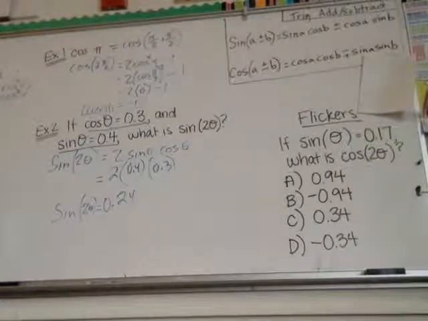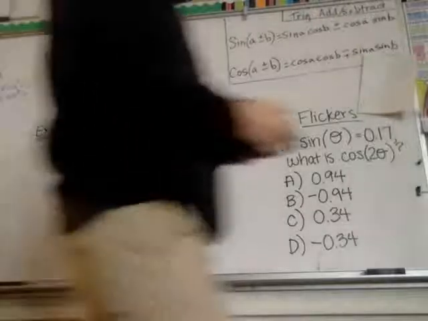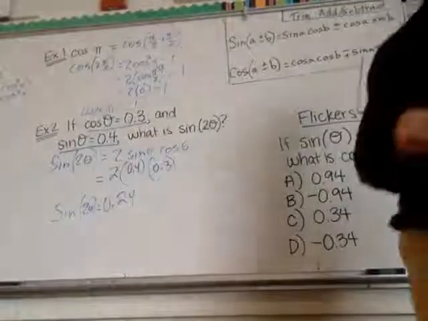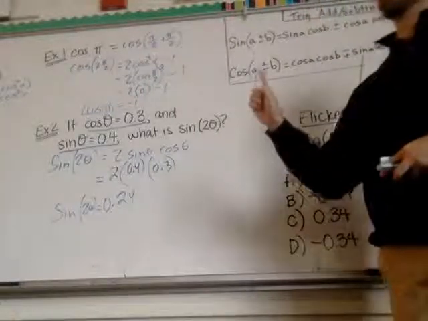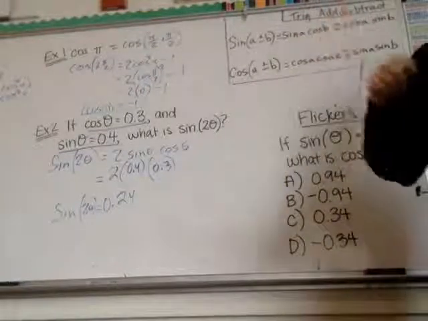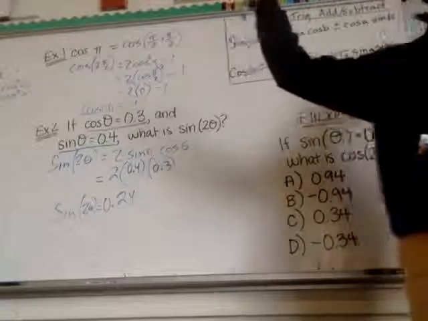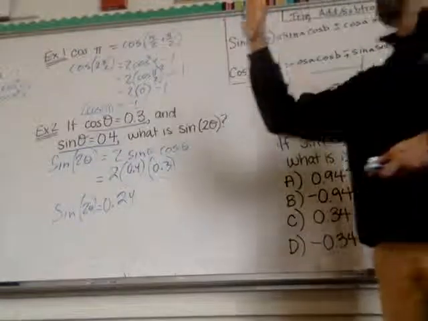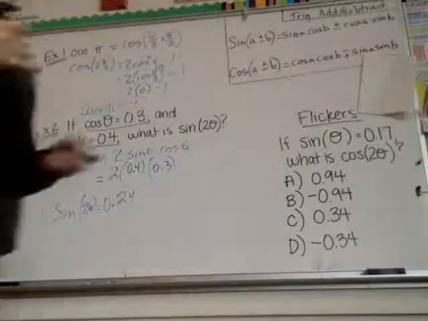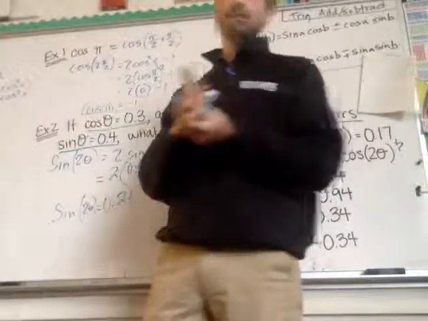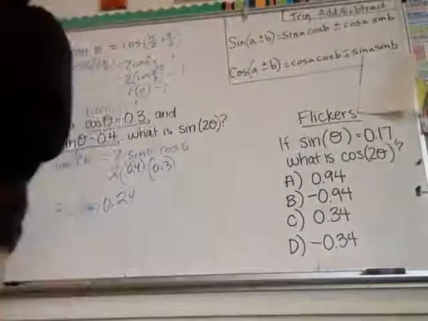All right, let's see the flickers, and we'll work it out together real quick. Flickers, give me, so this is the only finger you can use for A. Okay. Give me A, B, C, or D. I have a sprained finger, and since November it's been messed up. All right, give me some letters.